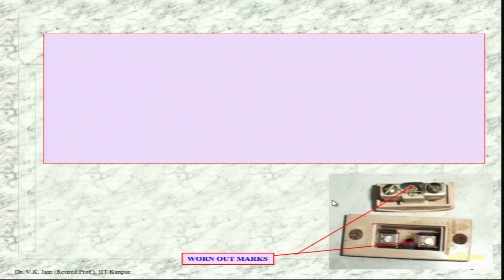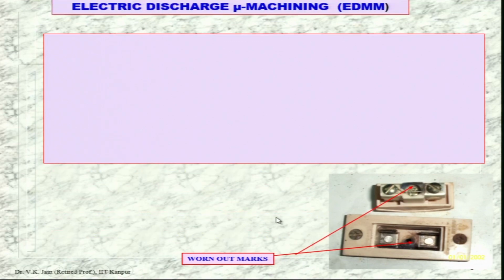Now here you can see the male and female parts of a switch, which are used in our houses, and you can clearly see here the black carbon and burnout parts.